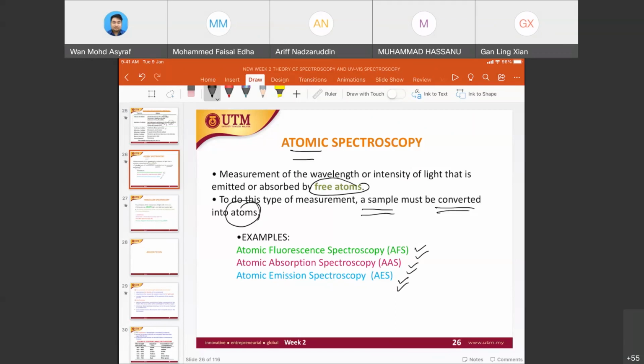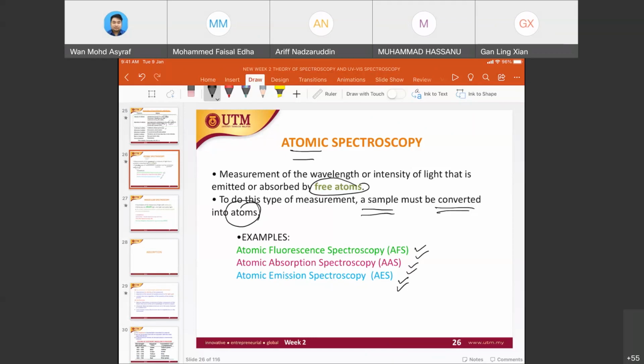Basically, in all three of these atomic spectroscopy instruments, the instrument has been designed for your sample, usually placed in liquid form. So the liquid sample will be converted into atoms right before it is targeted with electromagnetic radiation.